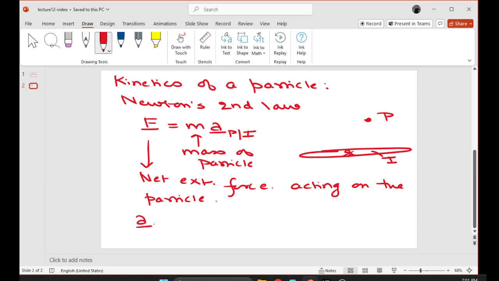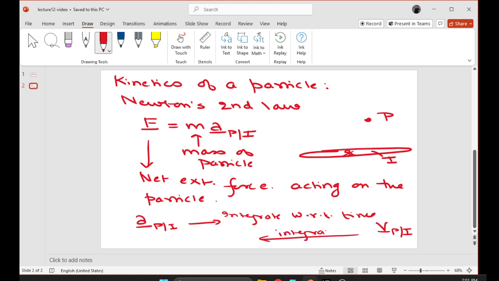Once a_P^I is known, one can integrate this acceleration term with respect to time, and we can get v_P^I, which will be the velocity of the particle of interest, and one more integration with time will give us the displacement vector of the particle at any time.